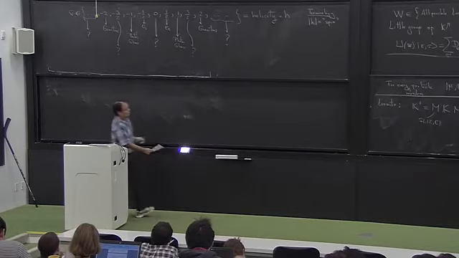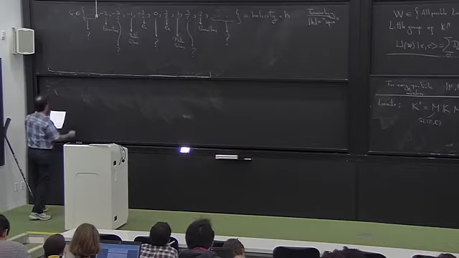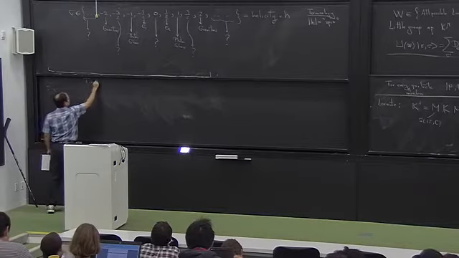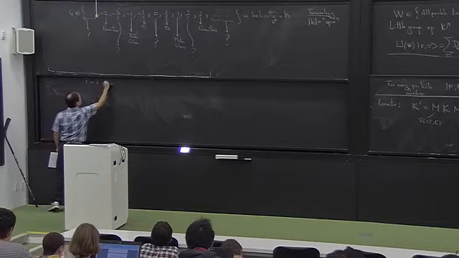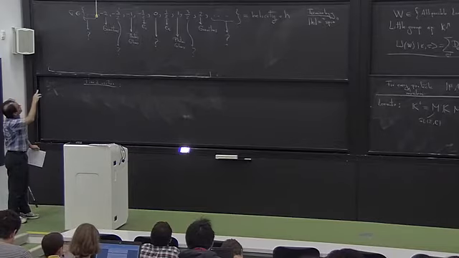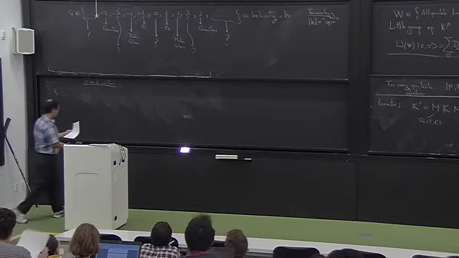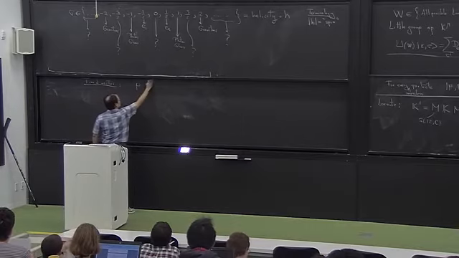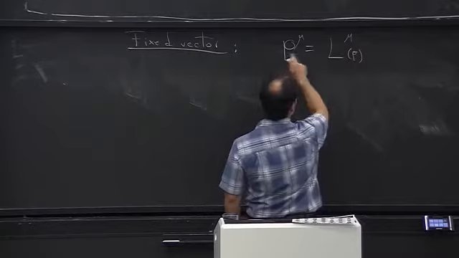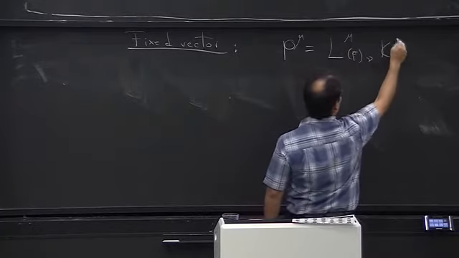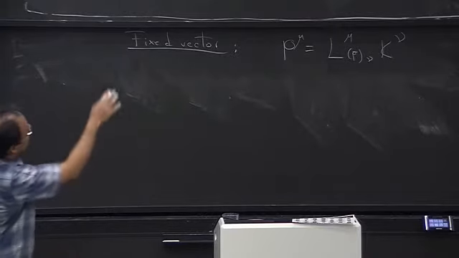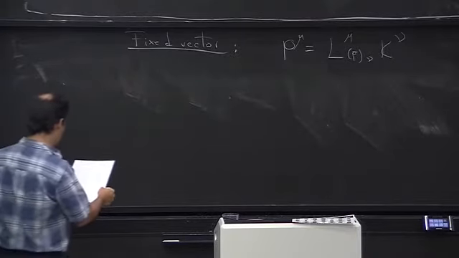Now, given that we have that ambiguity, once again, we're going to use our trick of a fixed vector. That's why I told you that it was no accident I was calling that one K. Once again, we're going to define our P as a Lorentz transformation acting on K and see what that implies on the spinors. Okay?